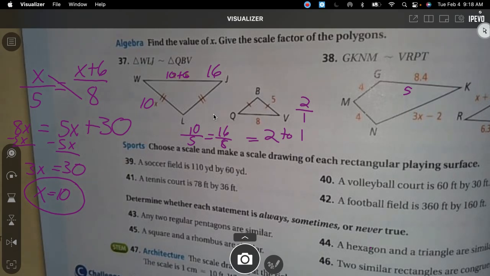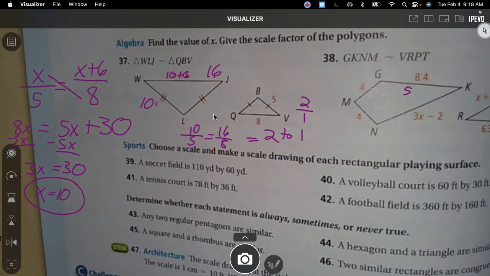That one's doable. That one is doable. All right, anybody still writing?